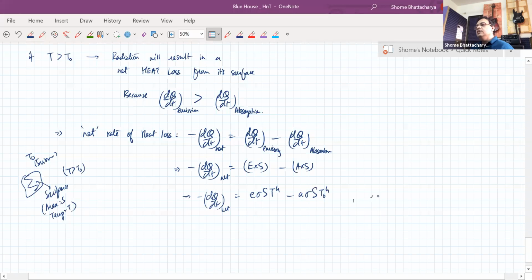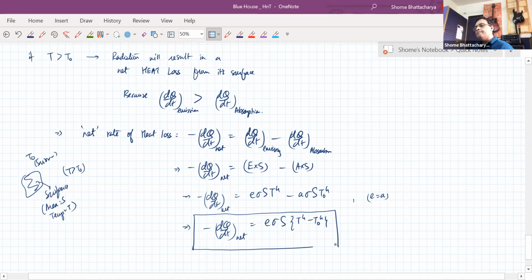Okay, now we know that E is equal to A for any material. So that means we can write the net rate of heat loss as E into sigma into S into T to the power 4 minus T naught to the power 4. Sir, since the heat is lost as a result of it, we are taking a negative of dQ by dt.